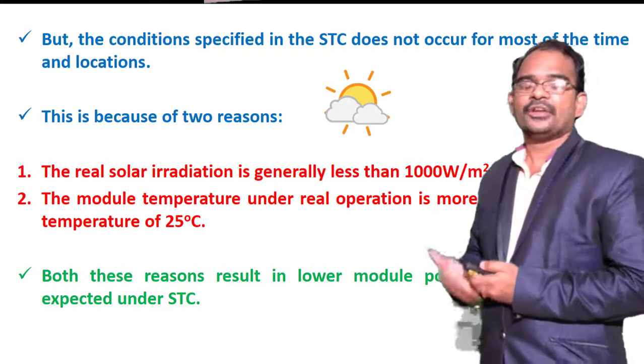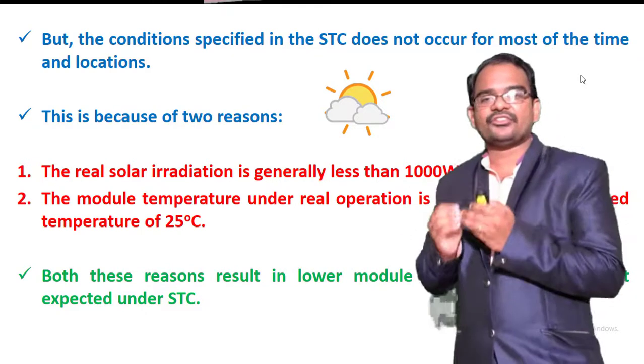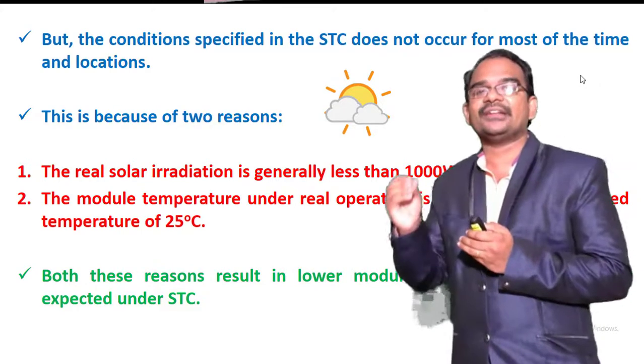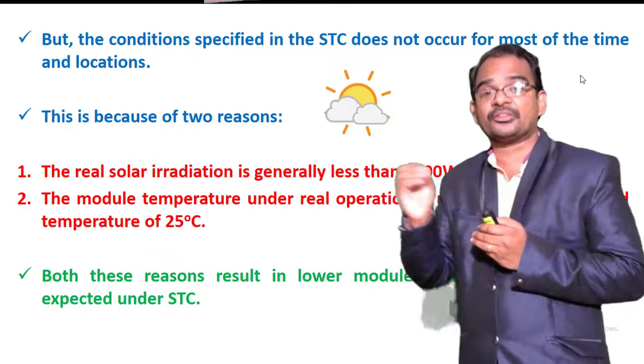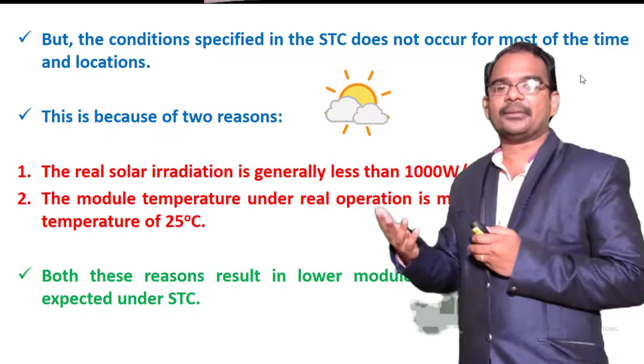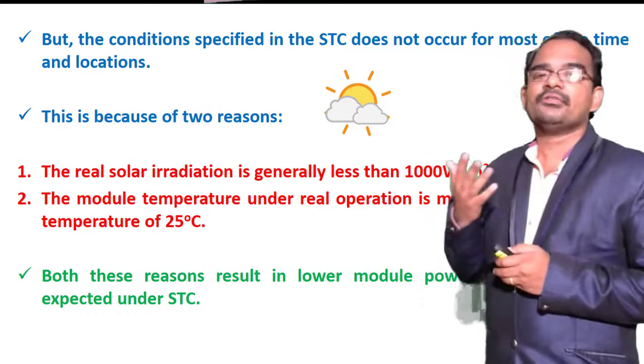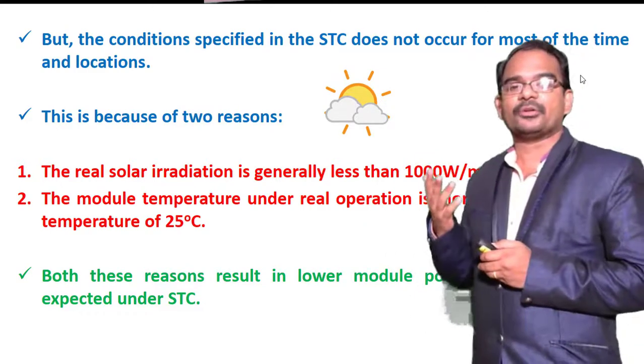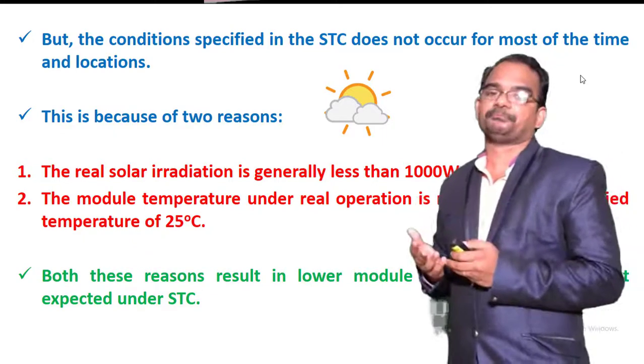So, we are calculating the efficiency of a solar module at 25 degrees centigrade in the laboratory for specifying the nameplate details. But in the real environment, we have temperatures ranging from 35 to 50 degrees centigrade, and thereby the module performance is affected.